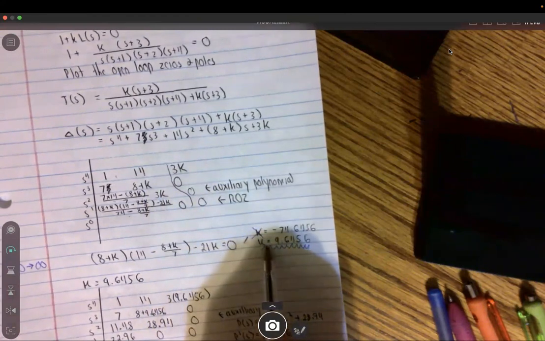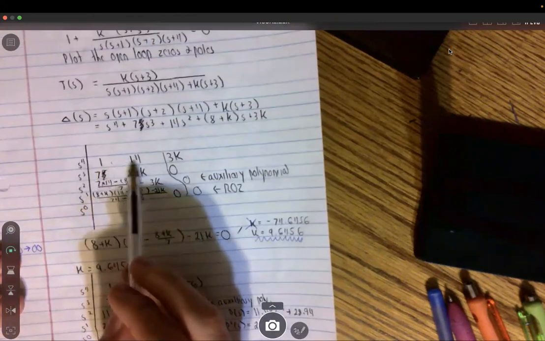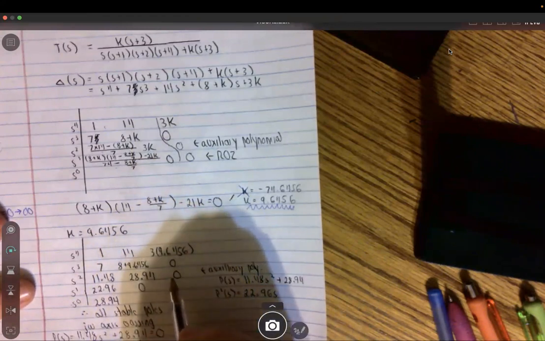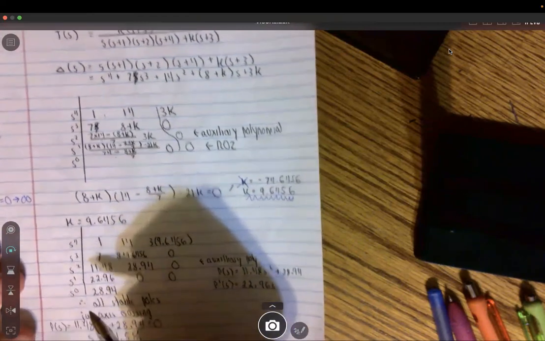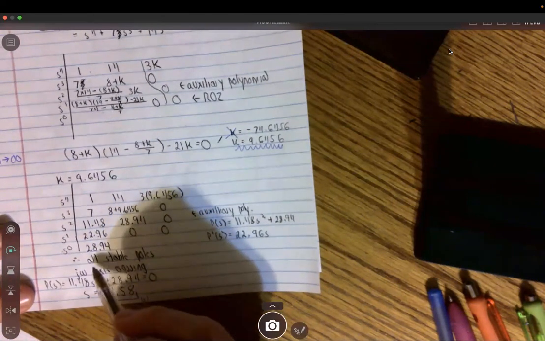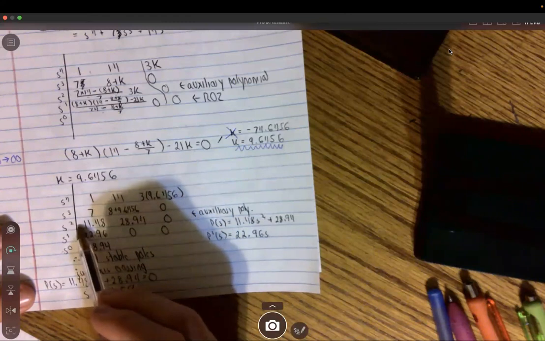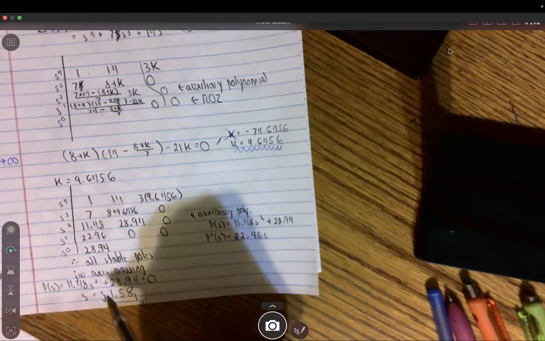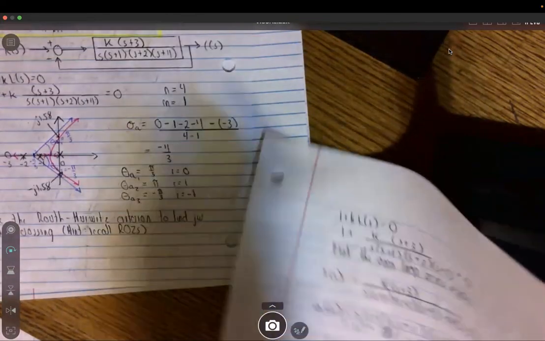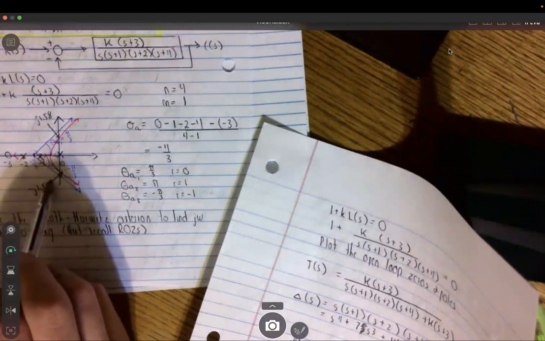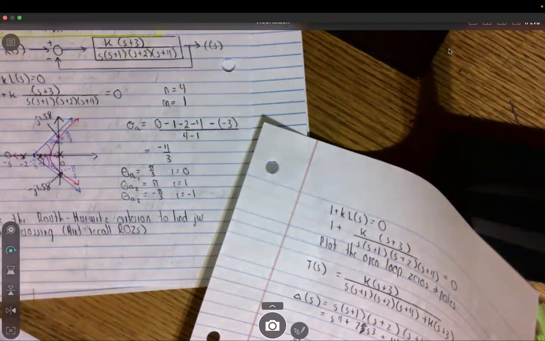So we found one k value in the range from 0 to positive infinity. Using that k value, we plugged back into this equation, took the derivative of the auxiliary polynomial, plugged it into the Routh-Hurwitz table, and determined that these are all stable poles, but our j omega axis crossing is at the s squared. Solving for s, where that j omega crossing occurs, we get 1.58, which we see here at j 1.58 and negative j 1.58, where this root locus crosses through the j omega axis.